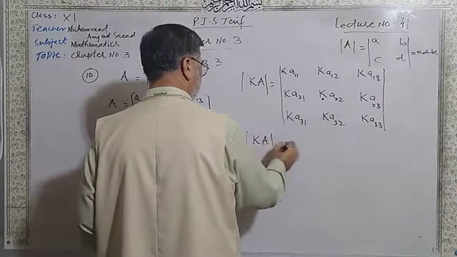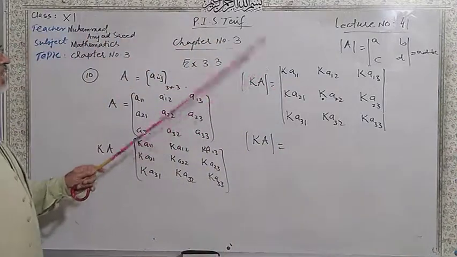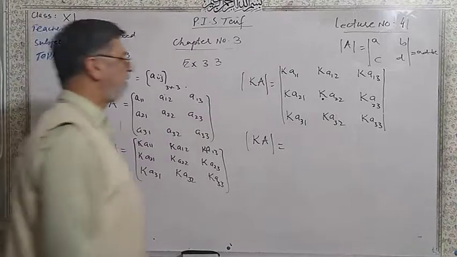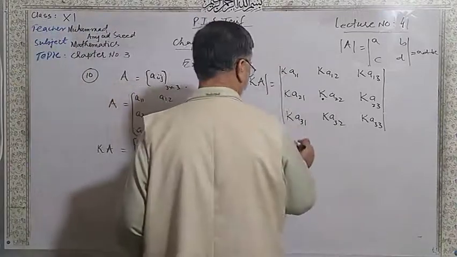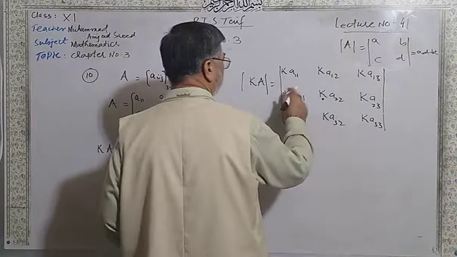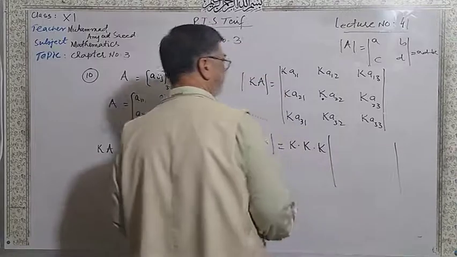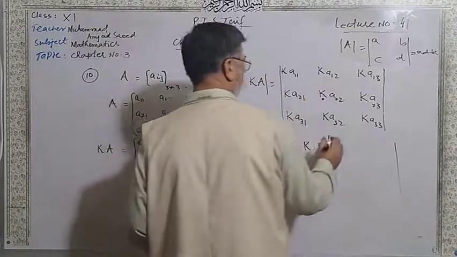Remember that in determinant you will take common from row or column separately. Taking k common from R1, k common from R2, k common from R3 separately.